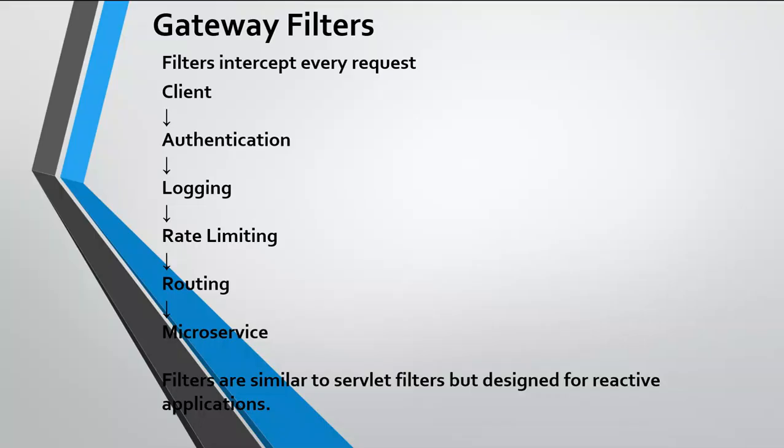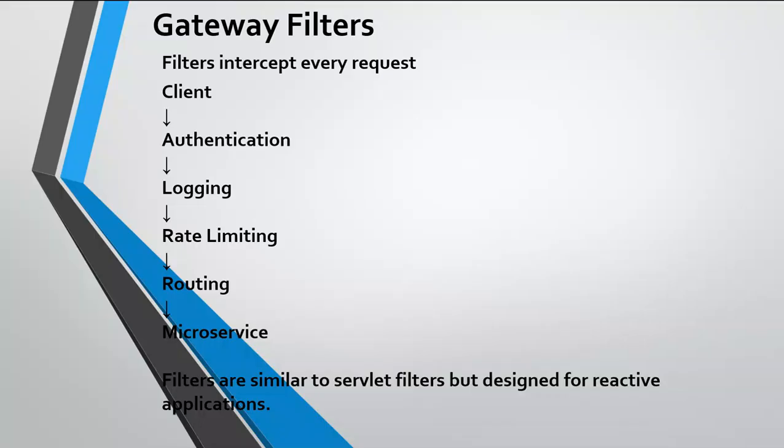One more component is gateway filters. Filters intercept every request. When the request comes, it will intercept it, and the process is like this: the client, then authentication using a JWT token or something, then logging, then rate limiting, then routing, then the microservices.